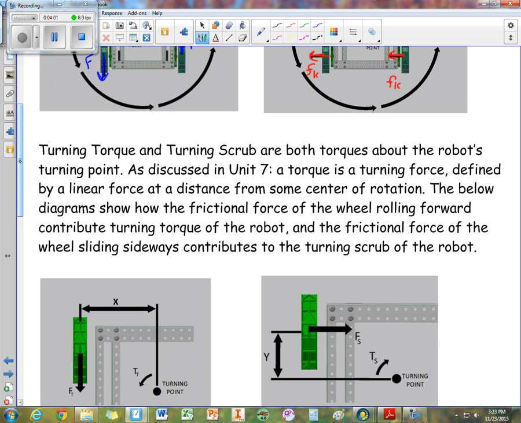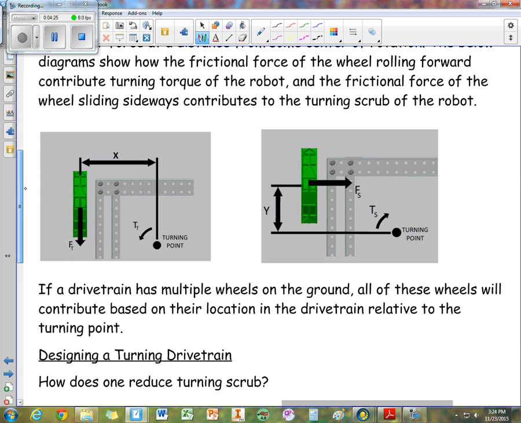Turning torque and turning scrub are both torques about the turning point. A torque is a turning force. We've got a linear force times a distance. Remember that the way we calculate torque is a force times a lever arm distance, and that the force must be perpendicular to the lever arm distance. So down here let's take a look at a more detailed picture. Here we have our positive torque.